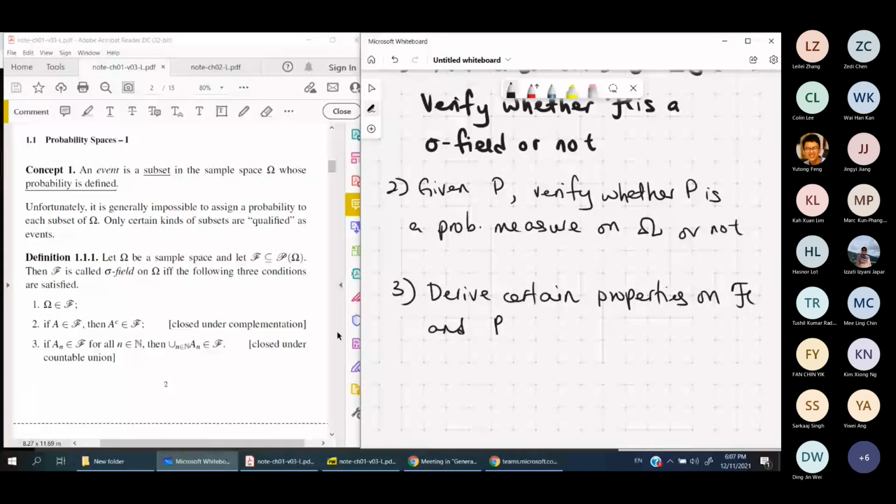That means it's like a given sample space omega.